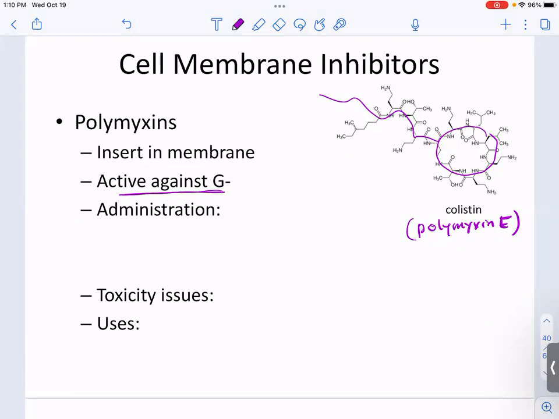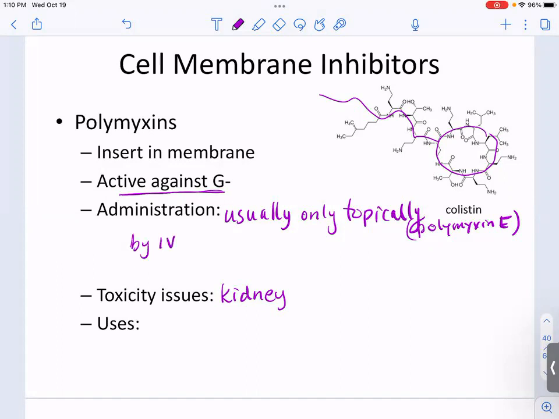When we administer polymyxins, usually we only administer this topically because of big toxicity issues with the kidney. So for that reason, we only use this for skin infections, with the caveat that if the patient's life is in danger and nothing else is working, then we might administer this by IV.